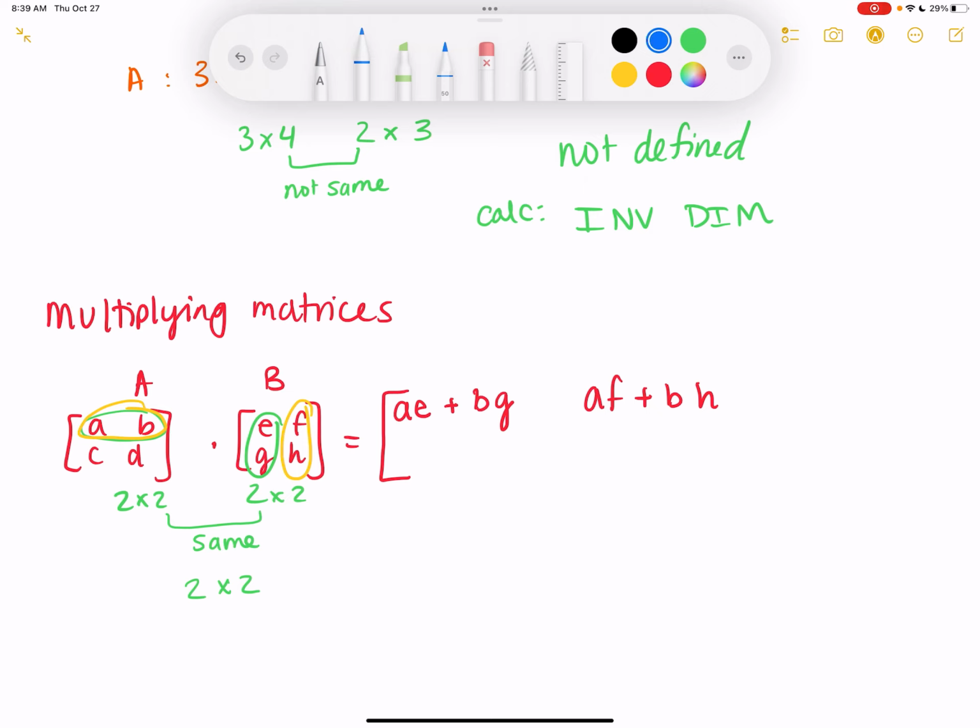So this spot right here, you've got the C, D and the E, G is what's going to do it. So it's going to be the first one and the first one. So C times E plus D times G.